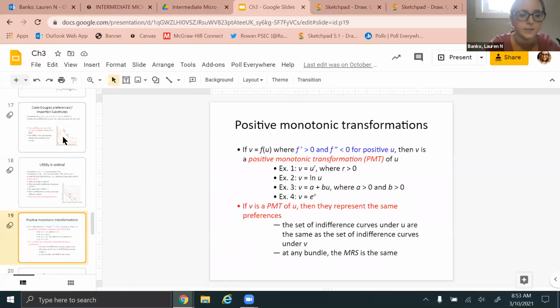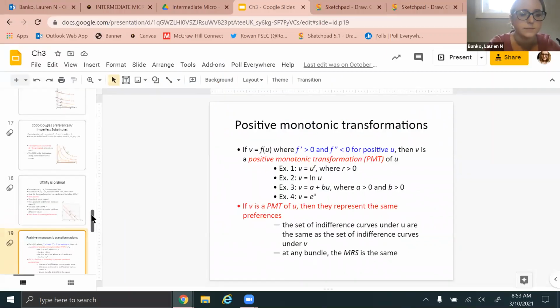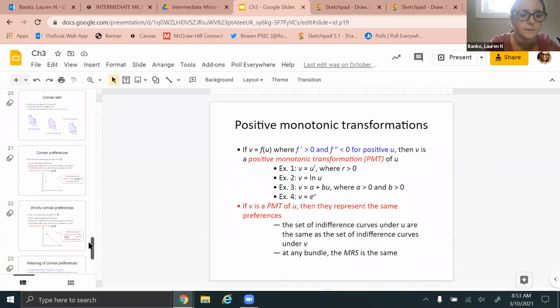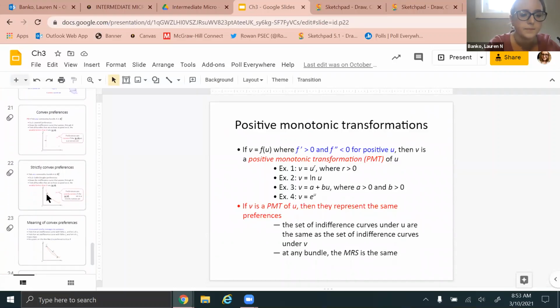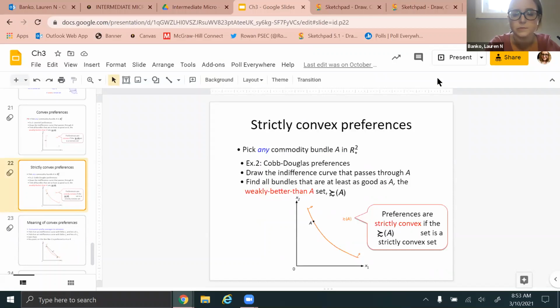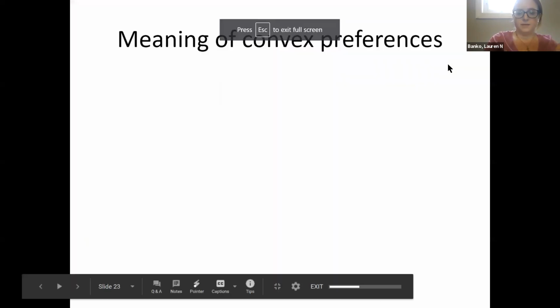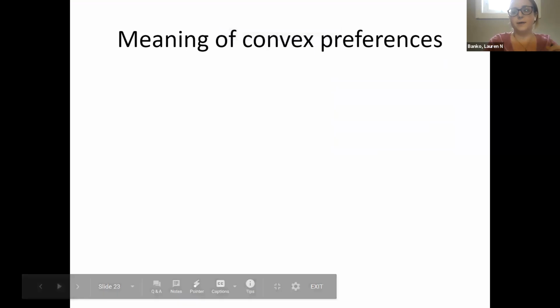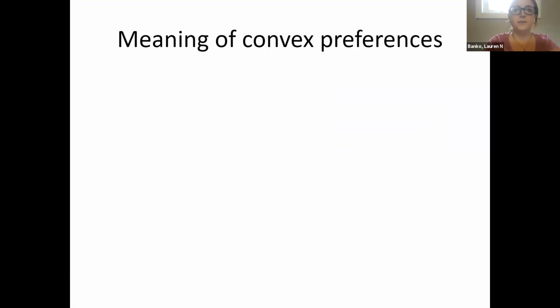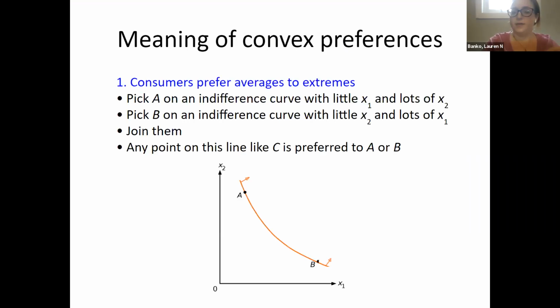Let's look at something. Now, when we're talking about these Cobb-Douglas functions, or really any of these, we have convex preferences. This isn't too important to know, but I want to show you kind of what it means. So again, don't need to know what convex is.